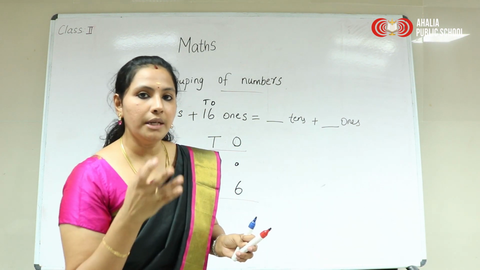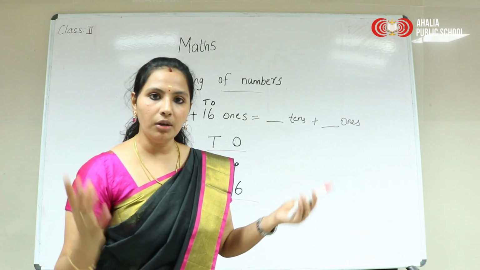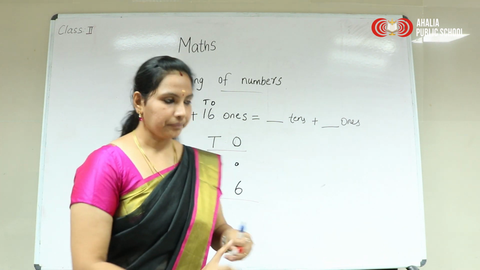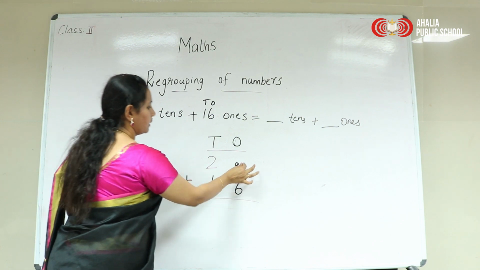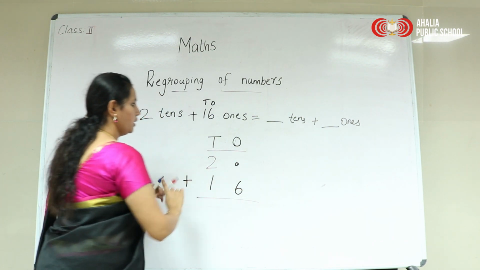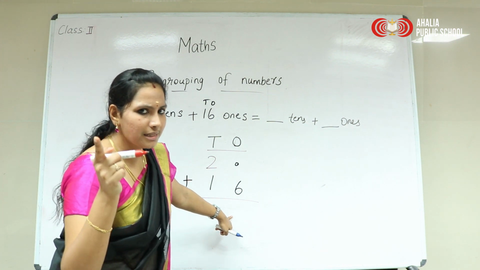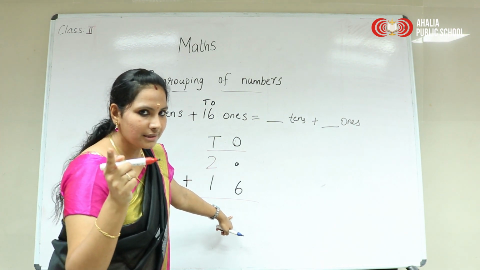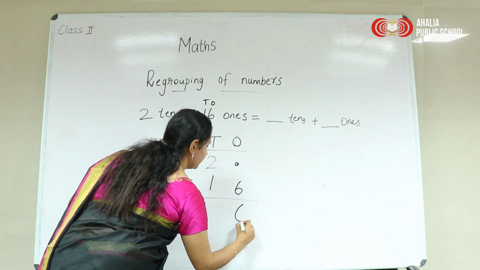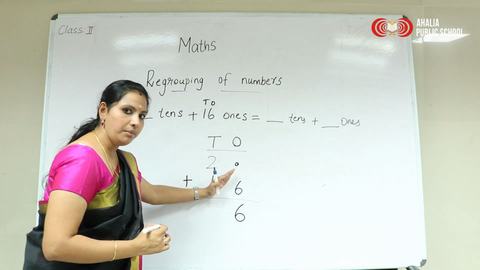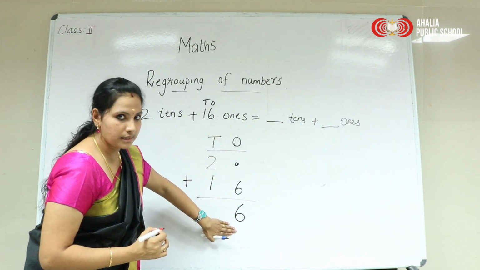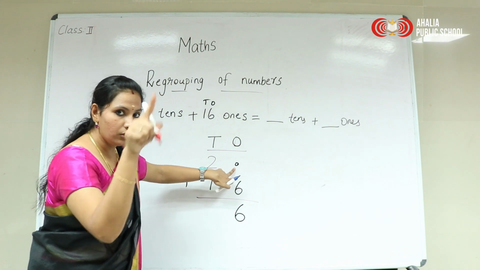That means 6 plus 0, 6. 8 plus 0, 8. So now we consider it as a 0. Now calculate it. 0 plus 6. Yes, 6. 0 plus 6 is 6. The same number only we will get as the sum because it is 0.